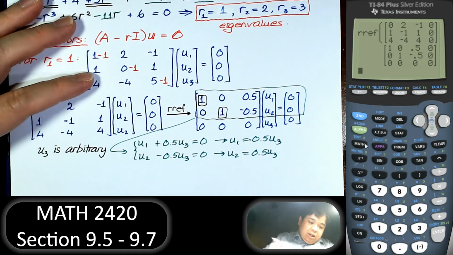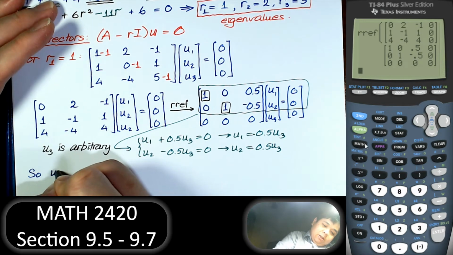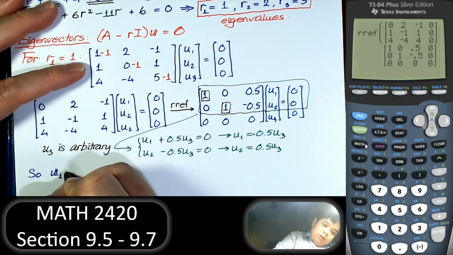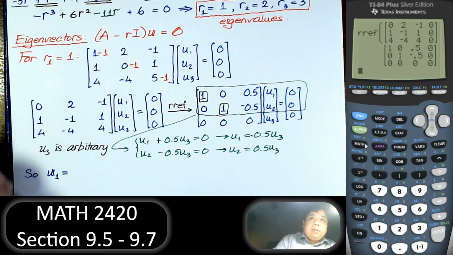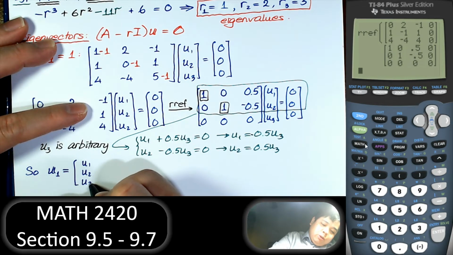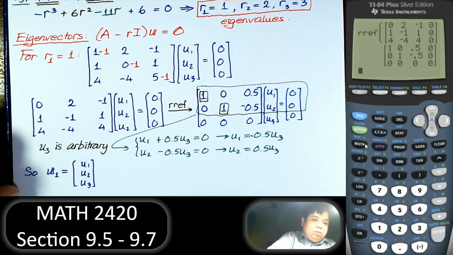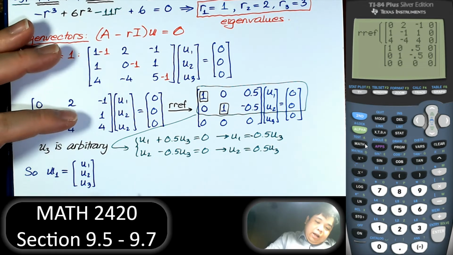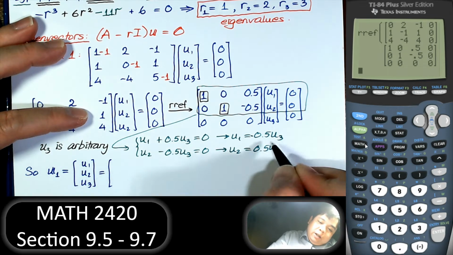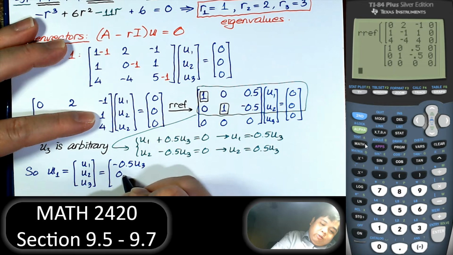So we write the vector as U1, U2, U3 equal to negative 0.5 U3, 0.5 U3, and then U3.